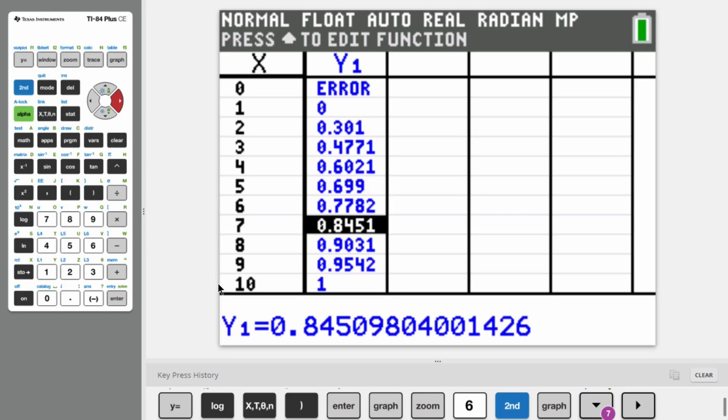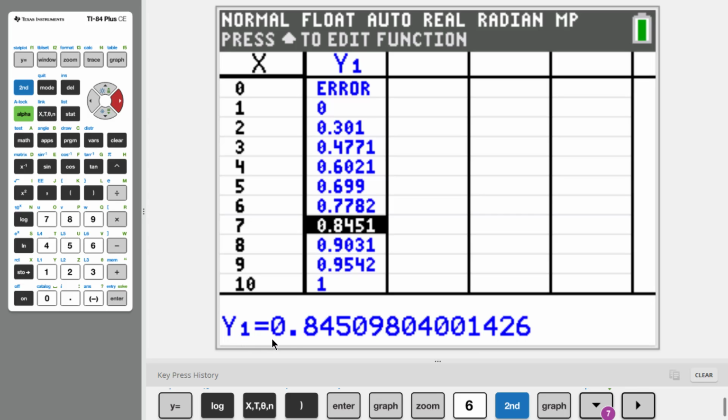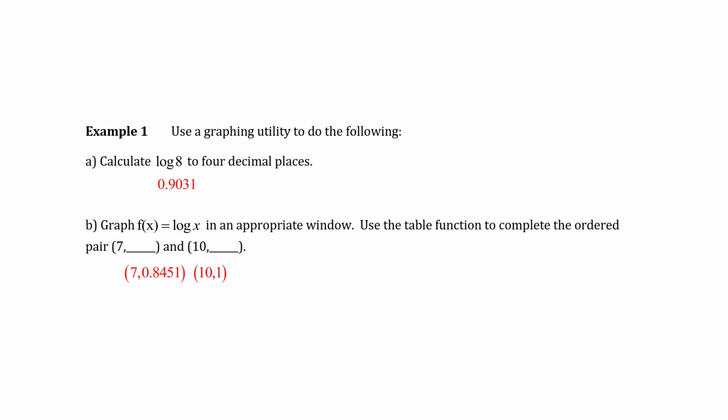The corresponding y value to 7 is 0.845098040014. We need to round it to 4 decimal places, so this becomes 0.8451. Next, we could see that the corresponding y value to 10 is just 1. So our final answer is parentheses 7 comma 0.8451 and parentheses 10 comma 1.